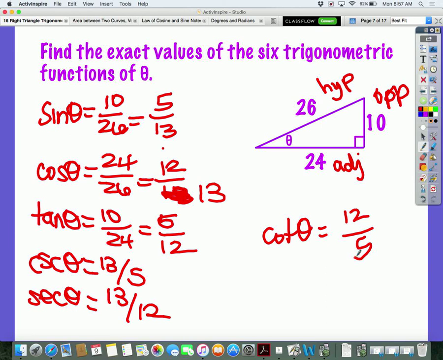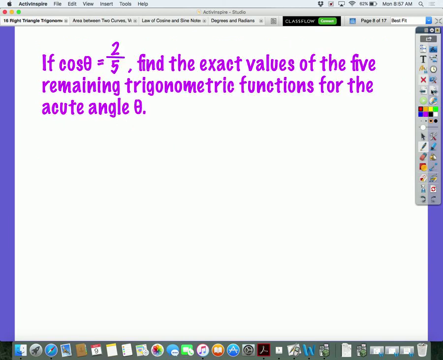Good. Moving forward, taking the same concept, applying it a little bit differently. Say you're given that cosine of theta equals 2 over 5. And you have to find the exact values of the 5 remaining trig functions for the acute angle theta. Now, it says find the exact values of the 5 remaining trig functions.